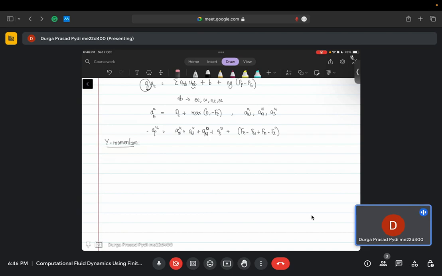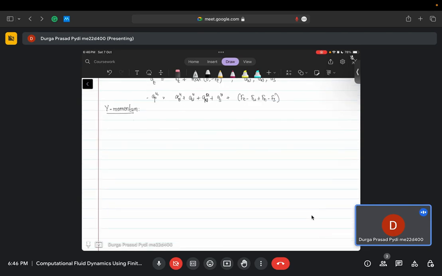When you are solving the Y momentum equation, this is my Pth cell. V is stored on the north face, so this is my north. I will discretize for the half cell, from north to P. This is where I will be discretizing.